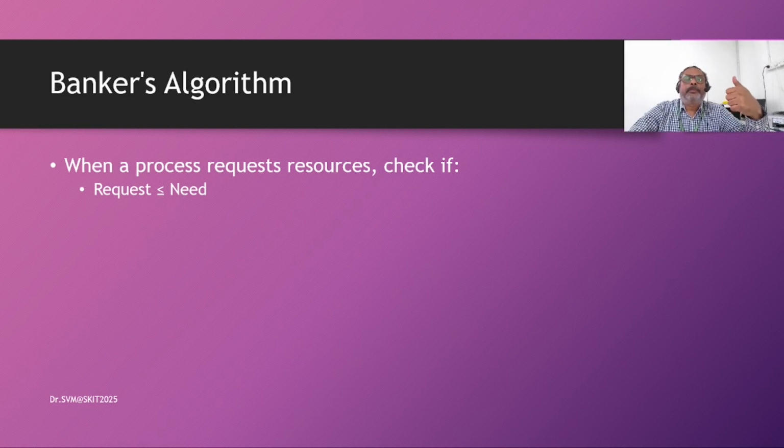Now a process sends a request, and that request has to be less than the Need. It can't ask for more than what it requires. Second, make sure that the request is less than or equal to what is Available. You can't accept any request which is greater than what is available.